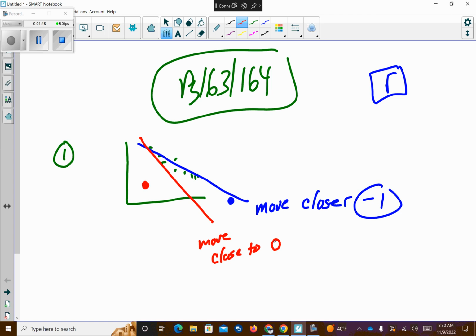And then if I had 2500 comma 15, that does this, so this is going to move away from -1.